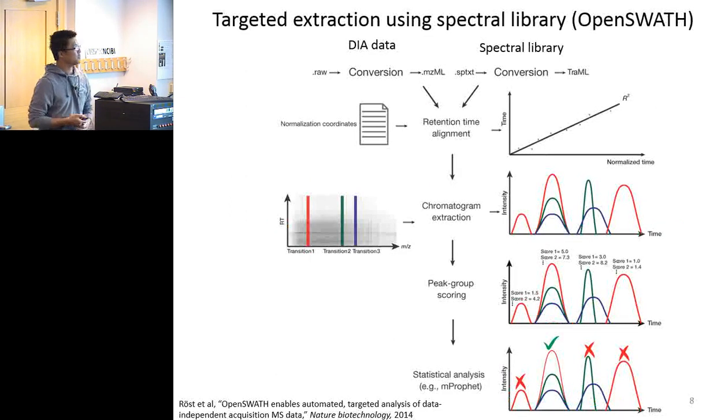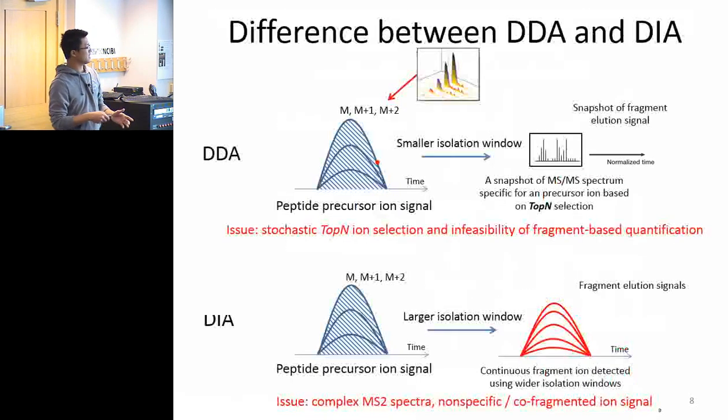So the conventional way to deal with data independent acquisition data is to use a spectral library. The spectral library is generated from data dependent acquisition. So if you want to do this analysis, you need to do data dependent acquisition using the same sample, go through this type of strategy to get all the spectra and do the database search.